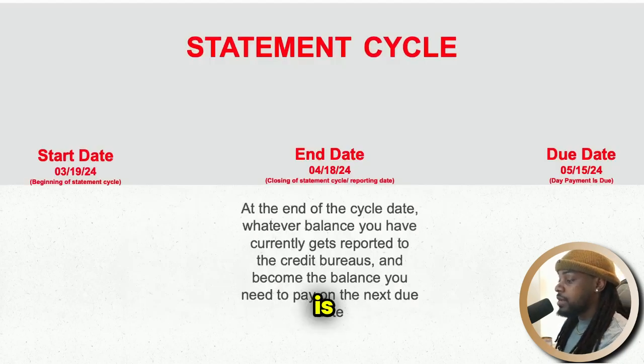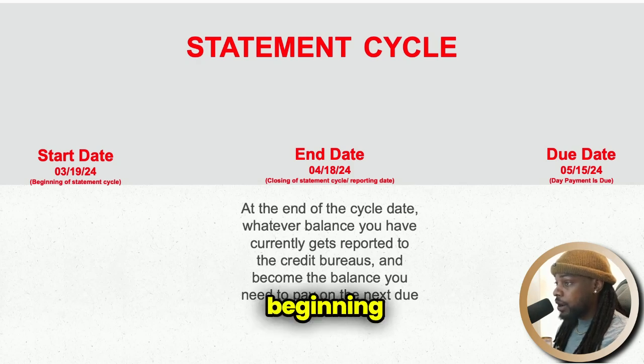All right, so this is the example that I wanted to give. It's going to be very, very basic, and it should be pretty easy to understand. So I took these exact same dates from my actual statement cycle on one of my credit cards. Now, the start date for my credit card is March 19th, 2024.